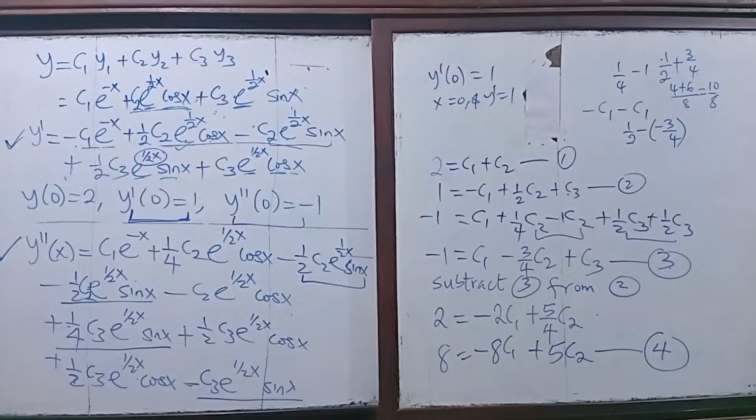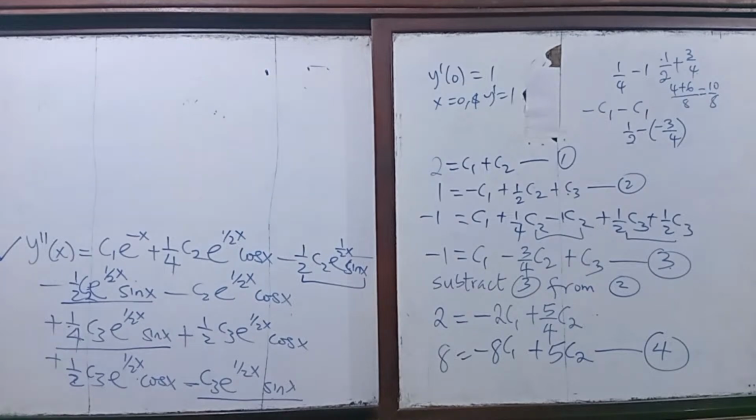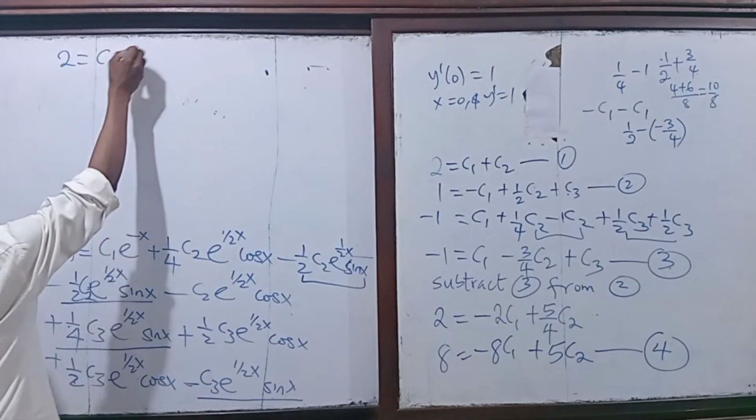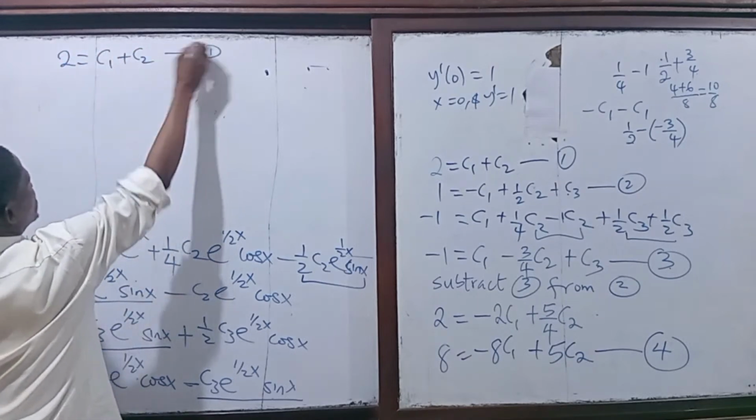You can combine equation 4 and equation 1 together. So we have 2 equal to C1 plus C2, that's my equation 1.